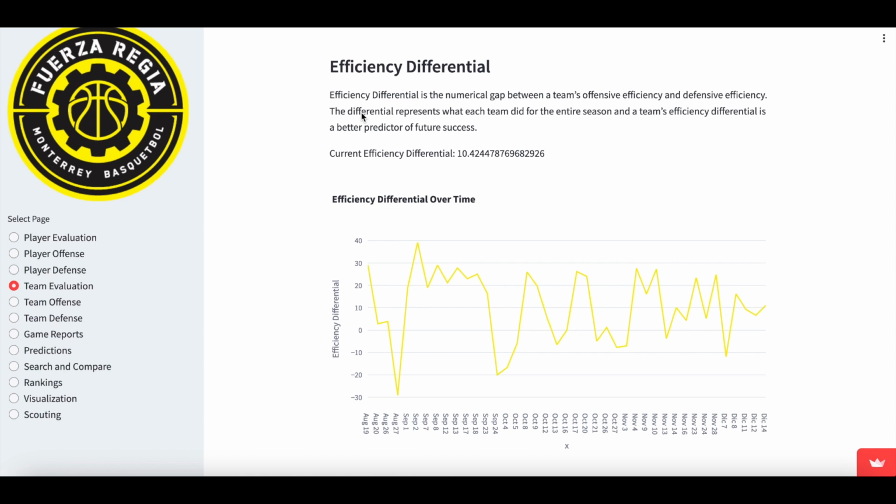And we also specify the definition of each metric. In this case, efficiency differential is the gap between a team's offensive efficiency and the defensive efficiency. And we display the team's current efficiency differential.